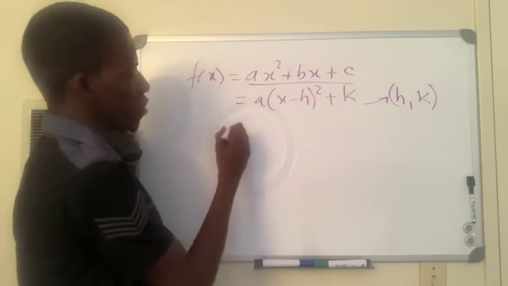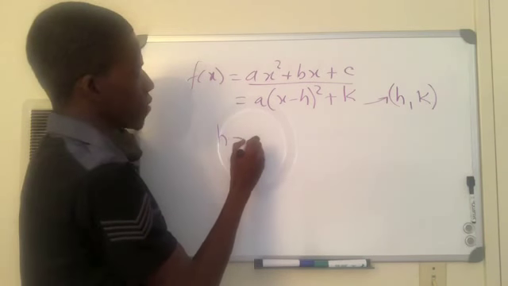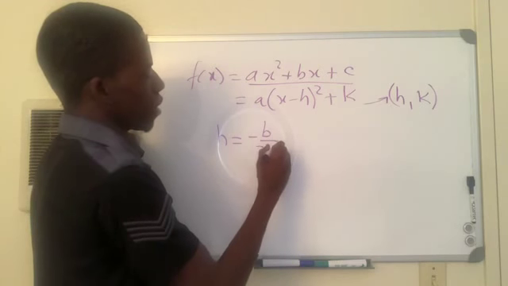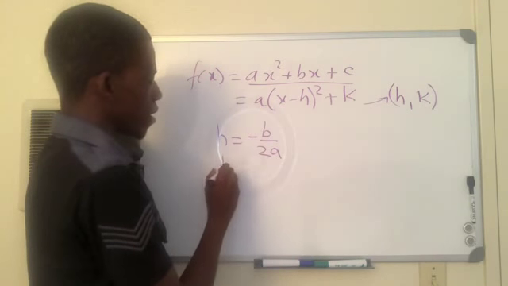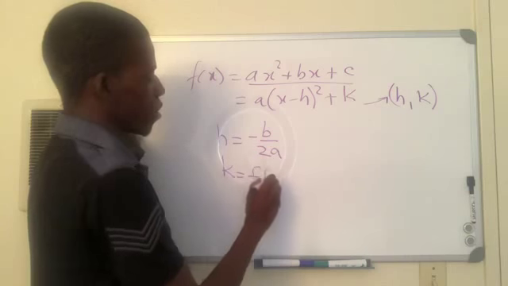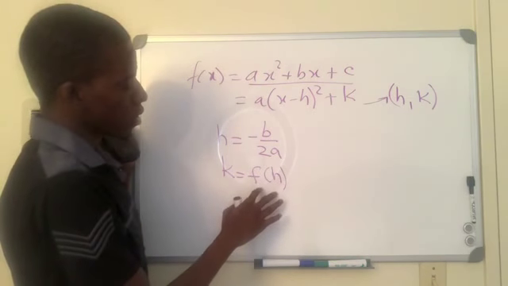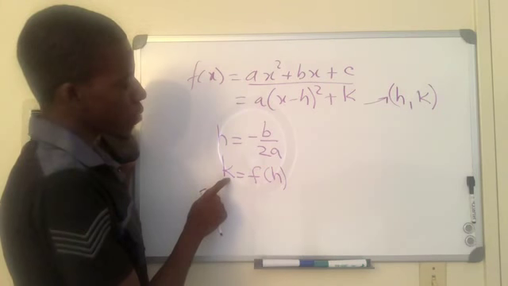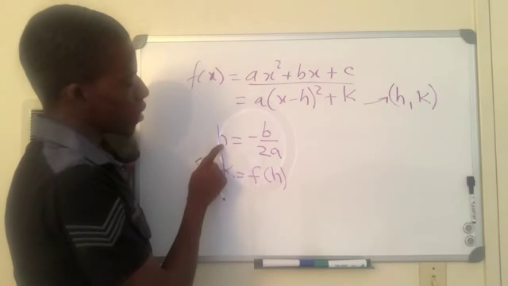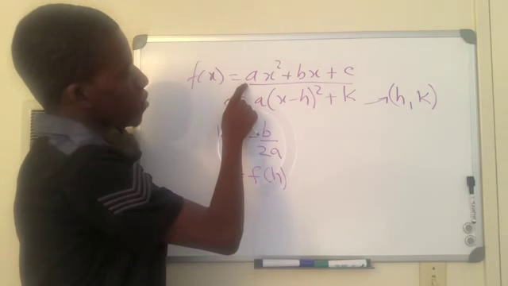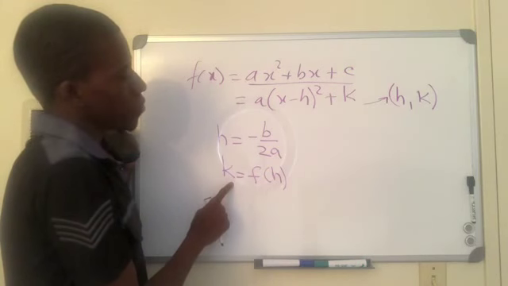There is a formula that says h equals -b over 2a, and k is a function of h, which means that to find k, whatever number you find for h, you have to plug it back up here to get the k value.